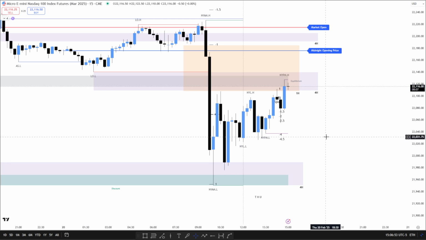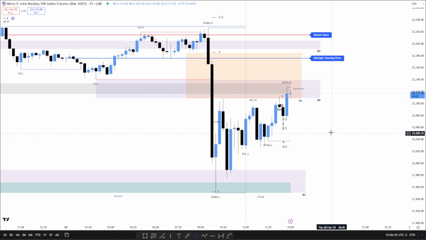But you'll notice I have found, just with being on the charts for some time, that price will react very strongly to a 4 hour imbalance and also a 1 hour. We usually get some kind of rejection and then a reversal that takes off after that.